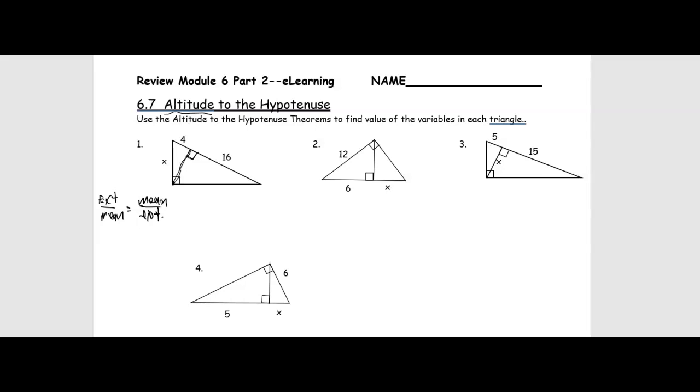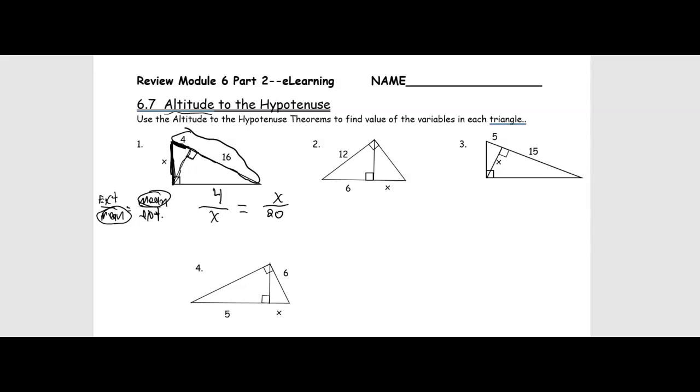And one of them was that this length here, so the side or leg of one of these triangles, was the mean. So the means again go here and here. So we put x here and then here. And the extremes were the adjacent hypotenuse of this triangle, which is 4, and then the overall hypotenuse of that big triangle, which would have been 20.